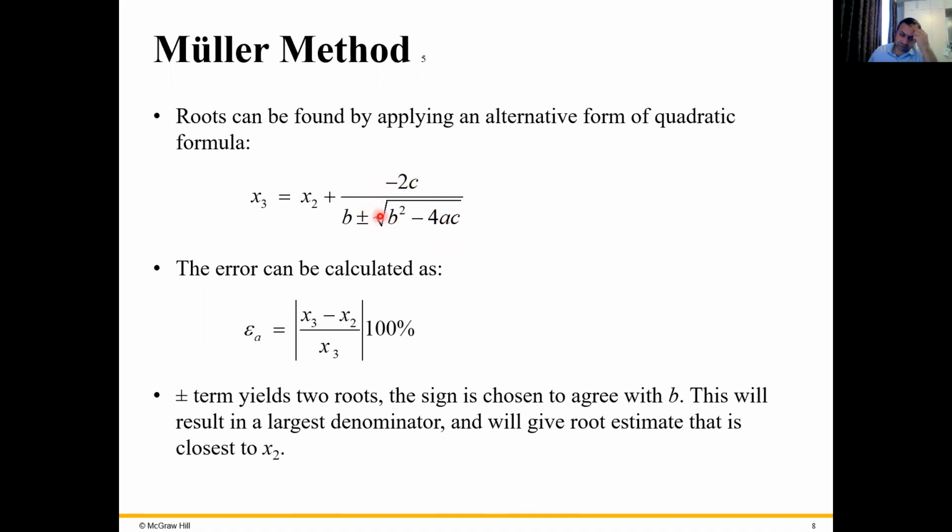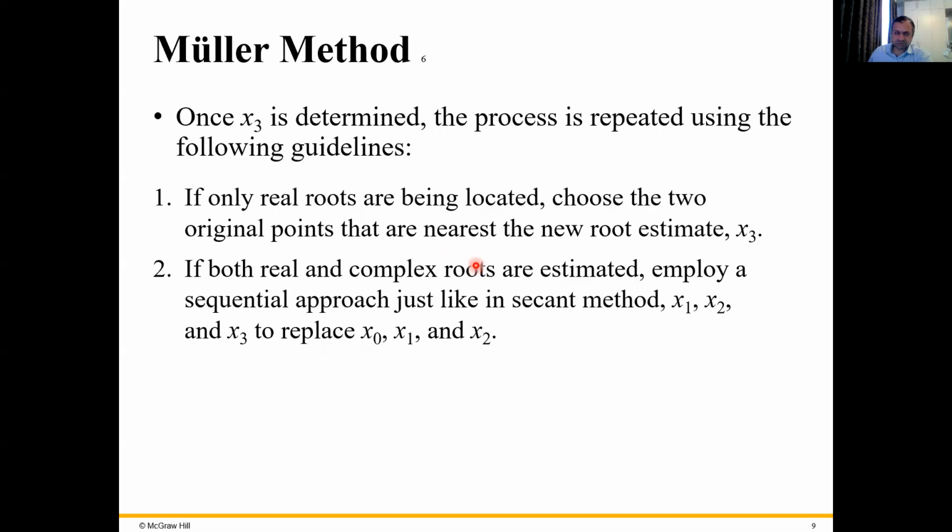When the denominator is the largest one, the value which we get will be the one closest to x2. So we want to remain closer to x2, and then iteratively we want to refine the solution. Okay, so this we can see with the help of an example.